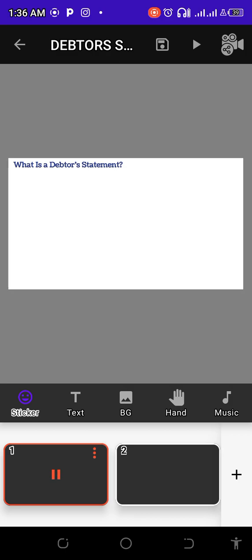What is a debtor statement? A debtor statement of account is the summary of all transactions between a business and a customer. When I say a customer, I mean a debtor, over a certain period, say 1 month. It shows invoices issued by the supplier to the customer.